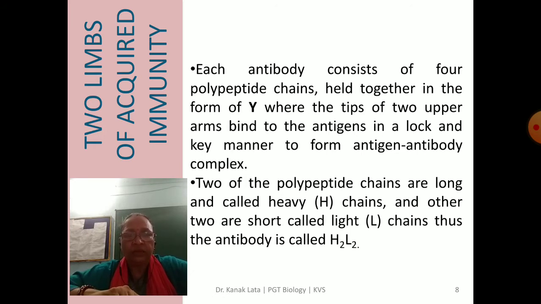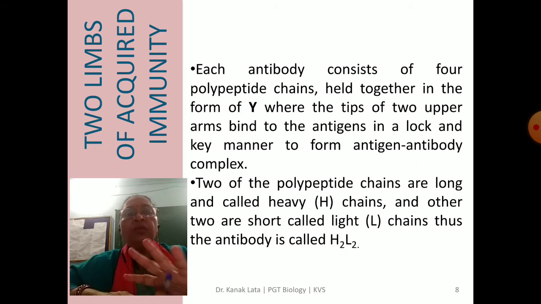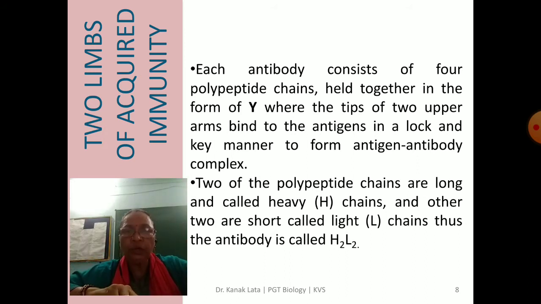An antibody consists of four polypeptide chains held together in the form of a Y shape, where the tips of the upper two arms bind to the antigen in a lock and key manner to form the antigen-antibody complex.